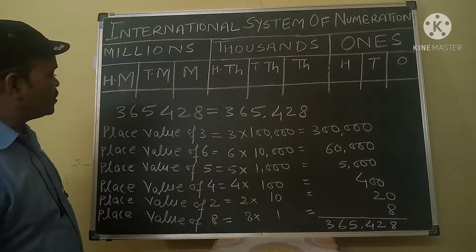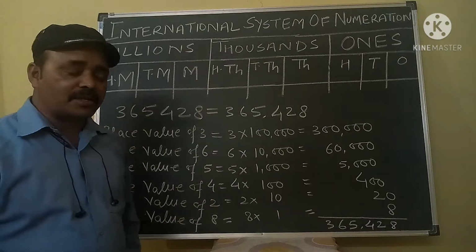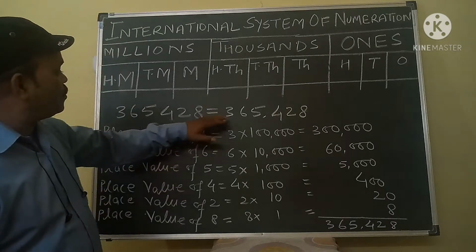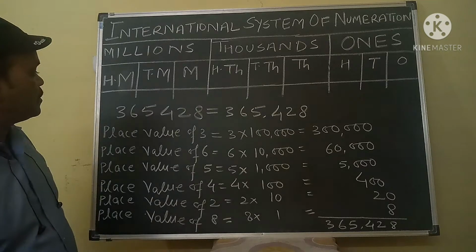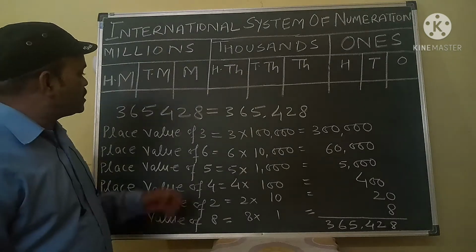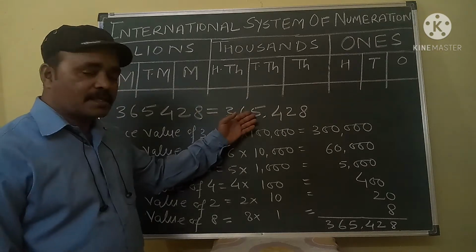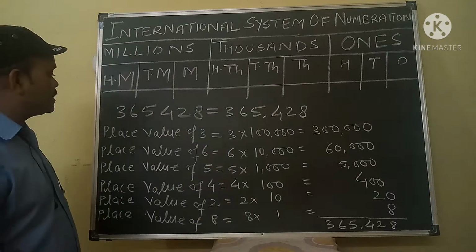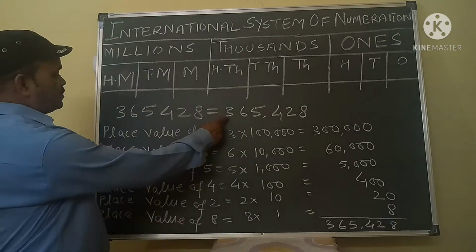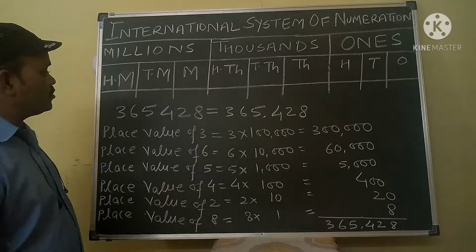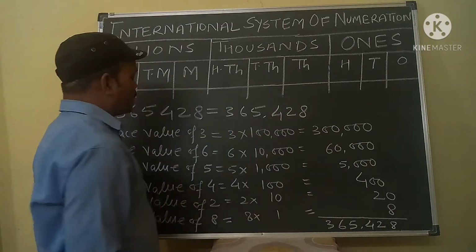And now look here, after that we will take out the place value of each digit in this given number. First we will discuss the place value of 3. This is 365428.